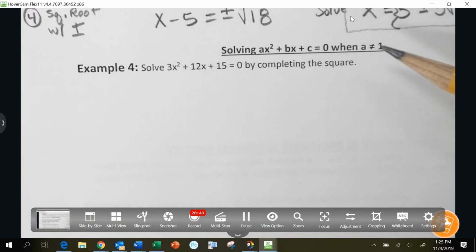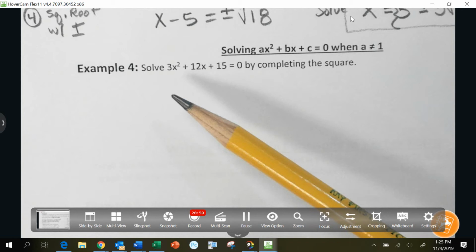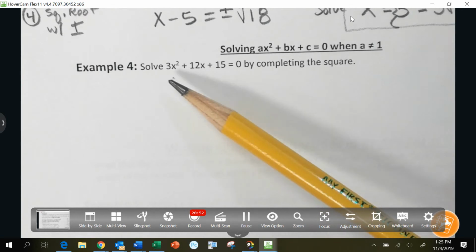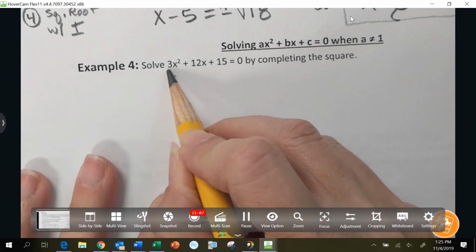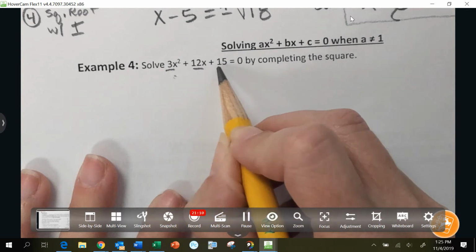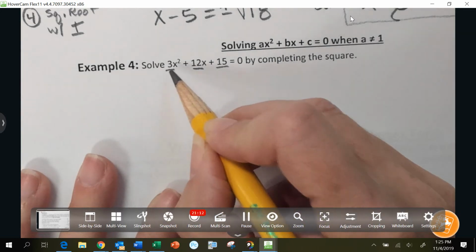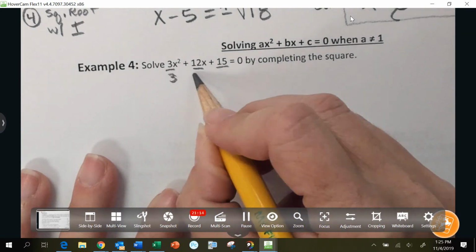Okay, for this kind, if the original first term is not equal to 1, we have 2 methods that we could do. One of those methods you'll learn on Wednesday. The method today is I'm going to GCF something. So before we even start, because the first value is not equal to 1, I'm going to take out that value.